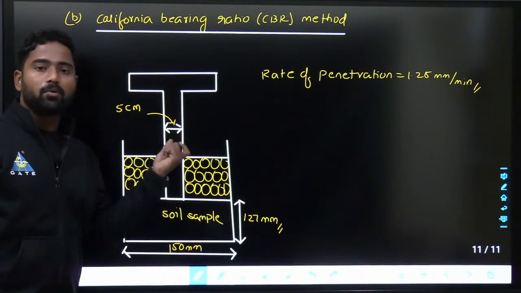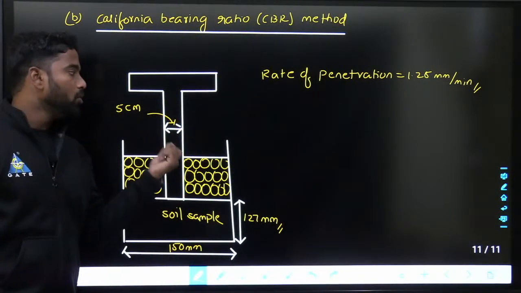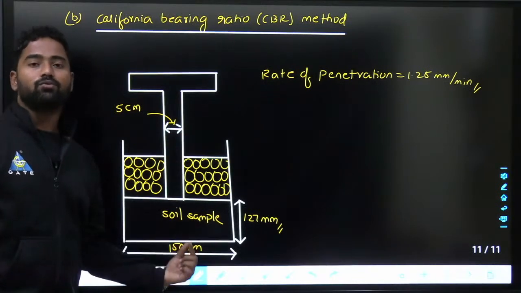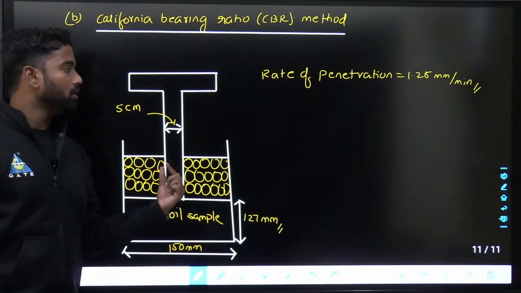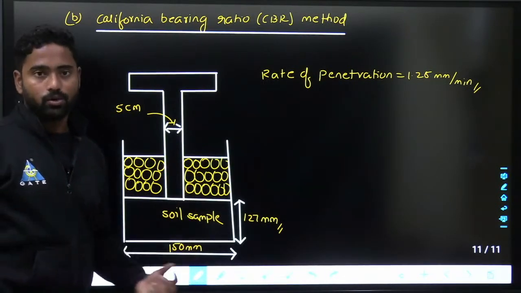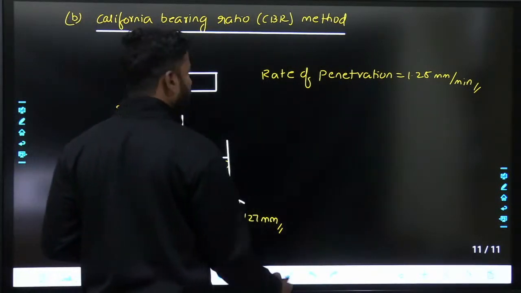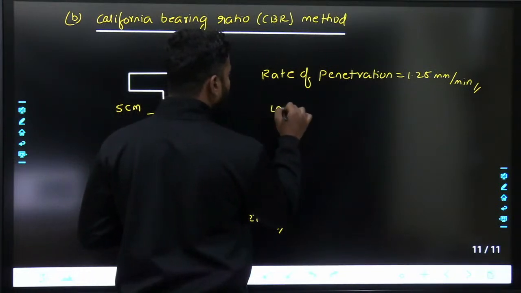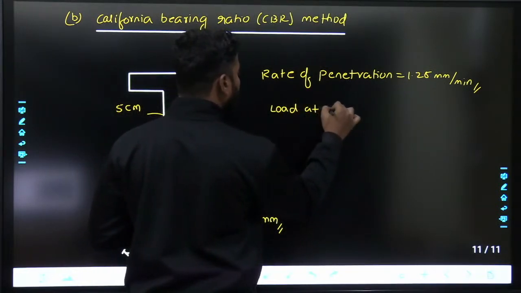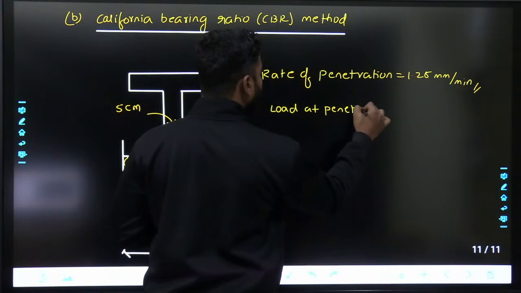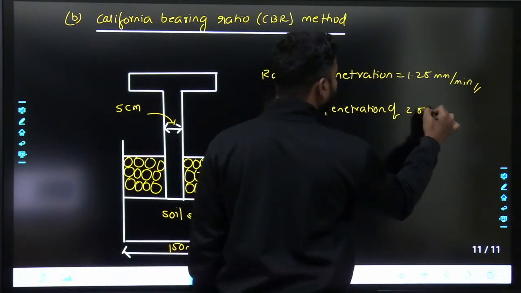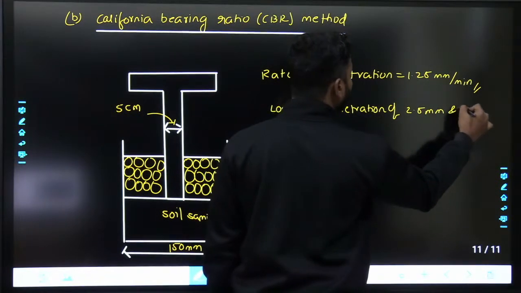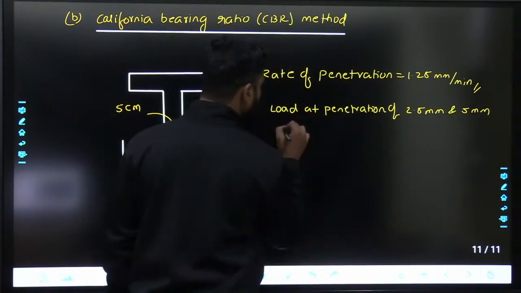So if you keep on applying the load, the load at which there is a penetration of 2.5 mm and 5 mm is noted.